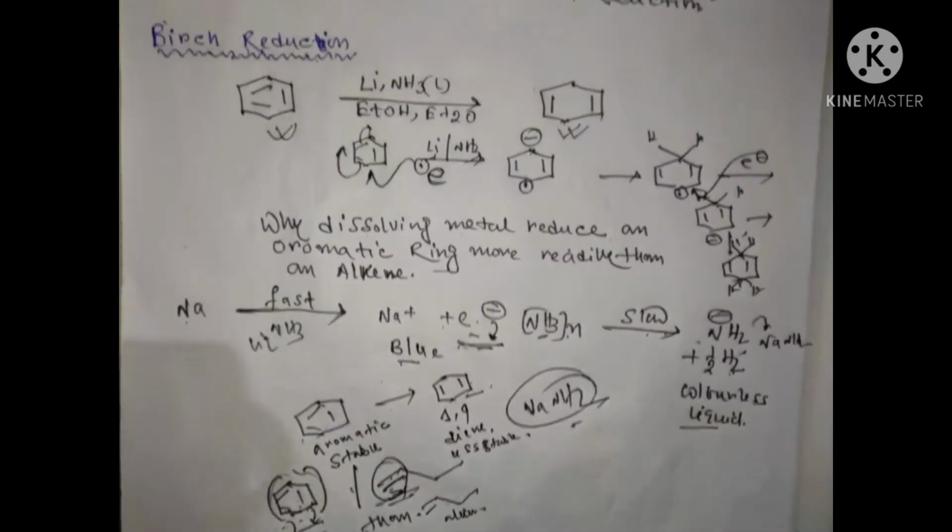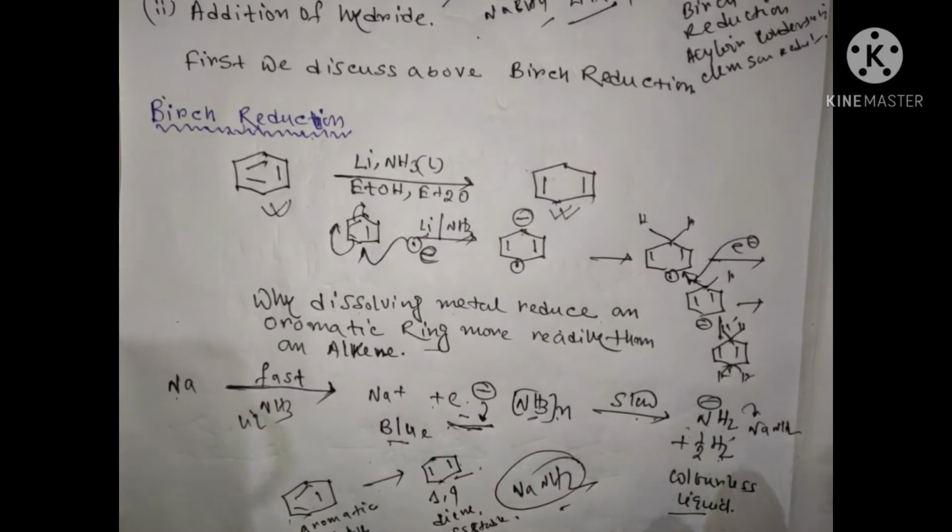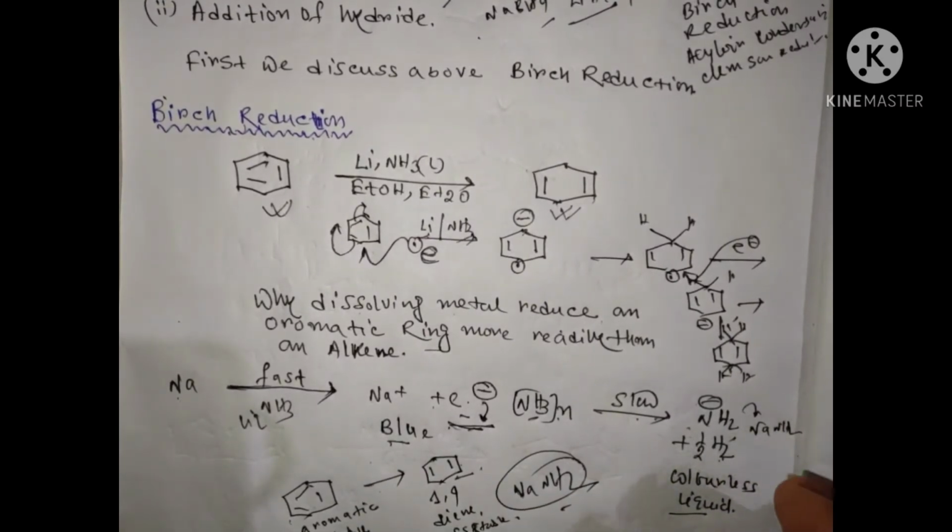And the second thing is an answer to another question which I have raised, that is why the aromatically stable system forms the 1,4-diene system. Why does this happen, where a more stable thing is converted to a less stable one?